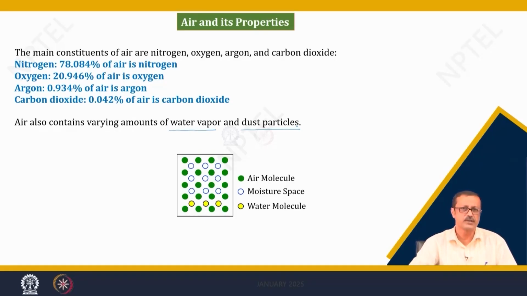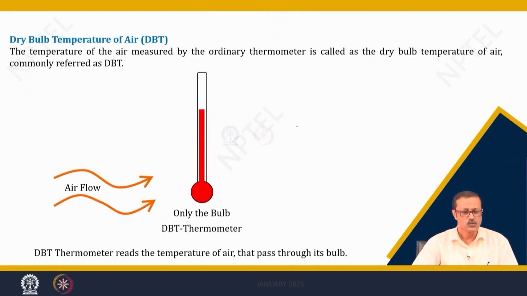You may fill all the spaces with moisture or you may not, and those yellow dots are your water molecules, the moisture molecules. So this is a three phase diagram of air, where there are air molecules, there is some space for moisture available, and some space that is filled with water also.